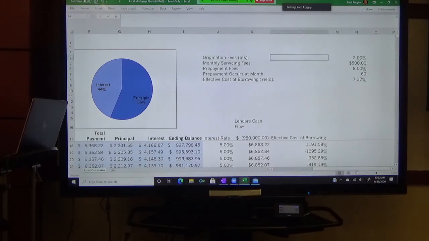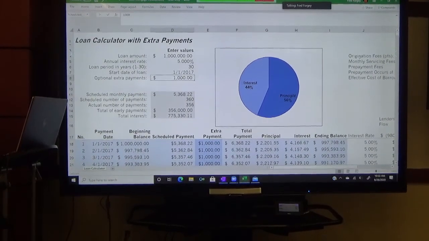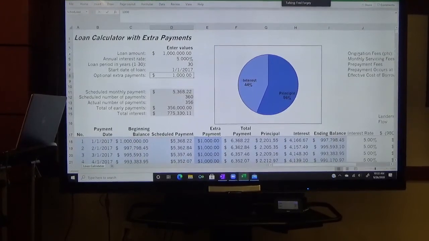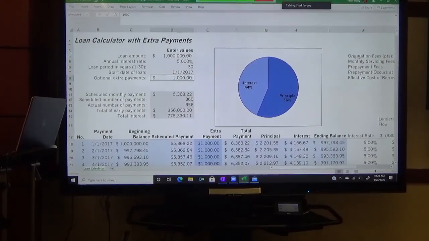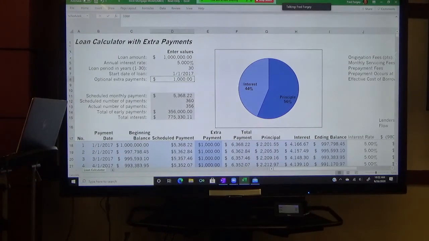So with this model, you've got the normal stuff: the loan amount, interest rate, number of years, start date of the loan. Then you can also make extra payments each month if you choose to. It shows how much your monthly payments are, early payments, total interest, that sort of thing.